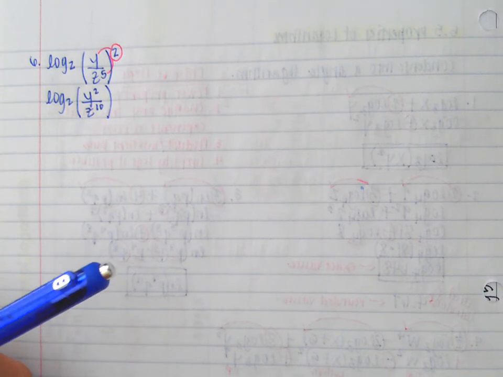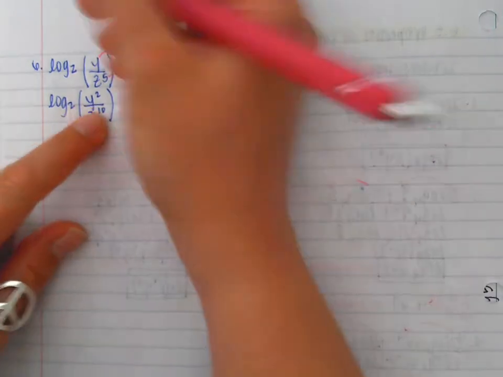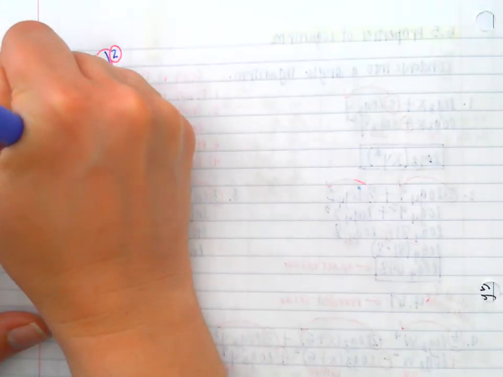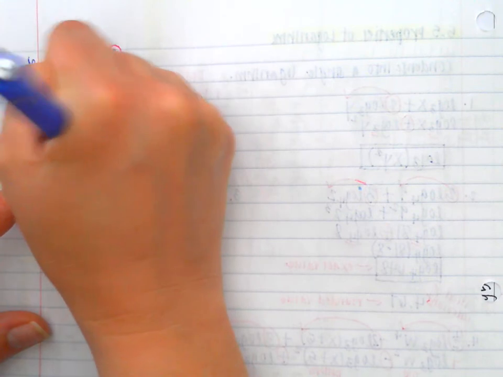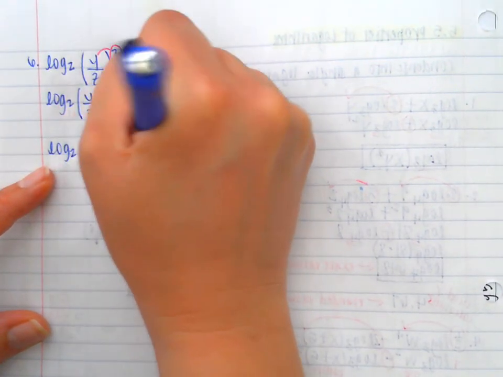Okay, so let's try this one. You should have already tried this one on your own. So top means we're going to be adding it. Bottom means we're going to be subtracting it. So when I expand that out, that's going to be log base 2 of y squared minus log base 2 of z to the 10th.